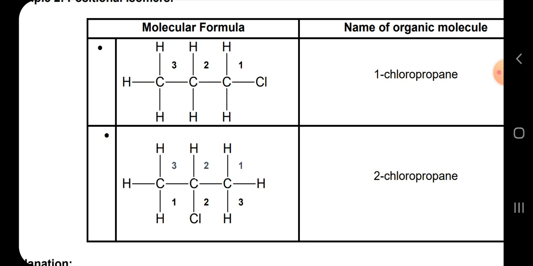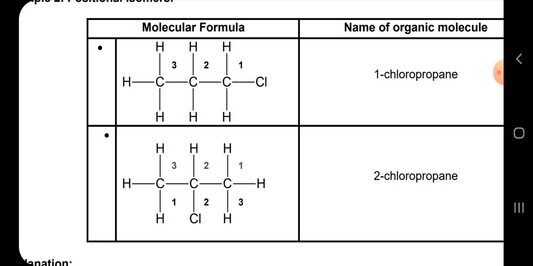But let's look at this one at the bottom. The Cl is in the middle branch. Can you see it's on the middle C? So the Cl is bonded with the middle C. We can either start from the left and say the C on the left is number 1, as they've done at the bottom, where the C on the left-hand side is number 1 and the one with the functional group is number 2.